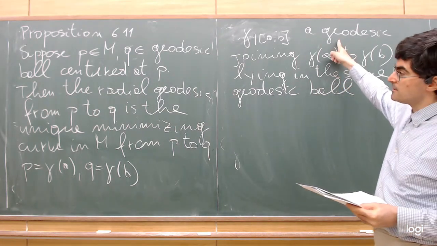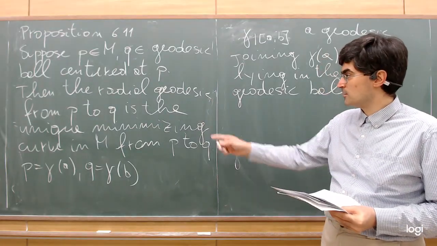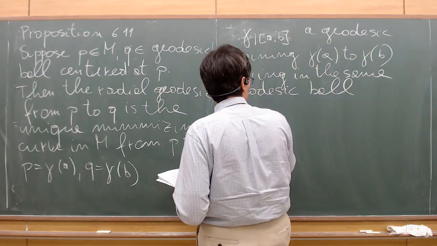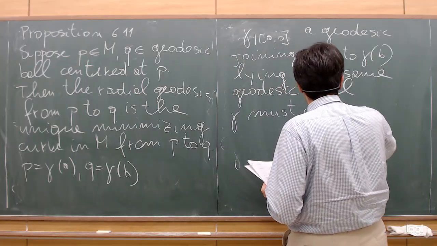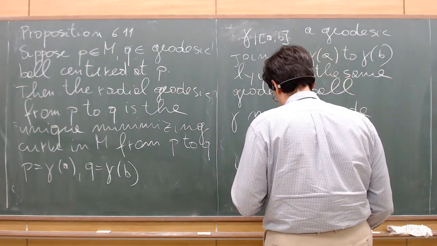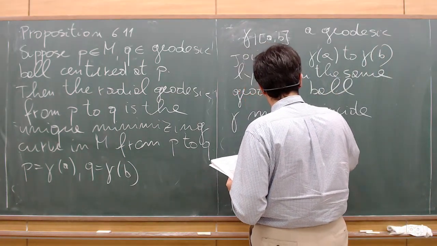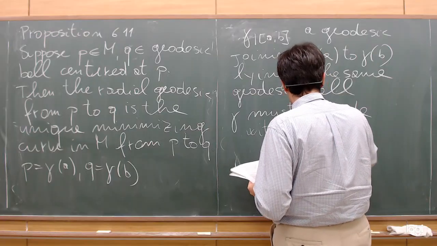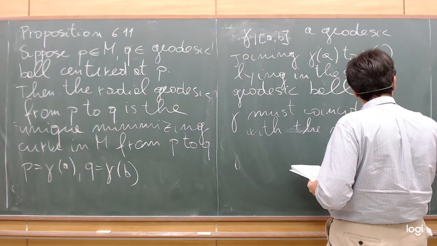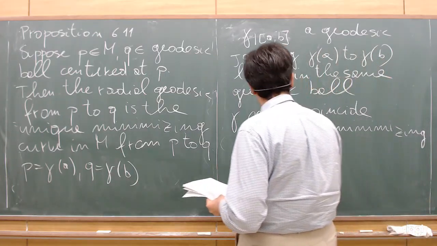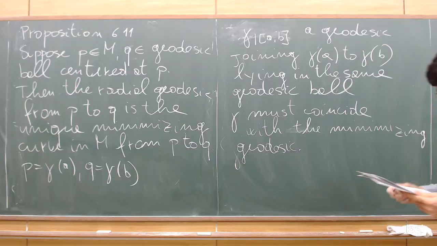So this geodesic must coincide with this geodesic here, and consequently it is minimizing. And this is the end of the proof.